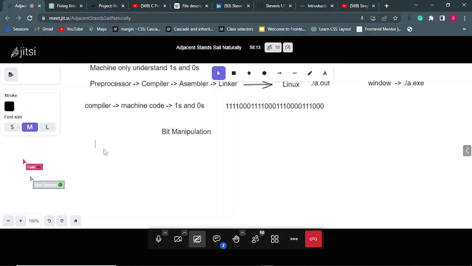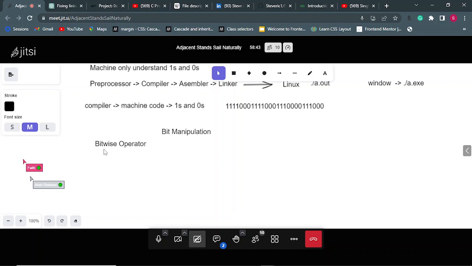I want to speak directly with my machine, like literally, let's talk. That's the manipulation we are talking about. We are manipulating the bits. So the thing to understand in bit manipulation is the bitwise operator.